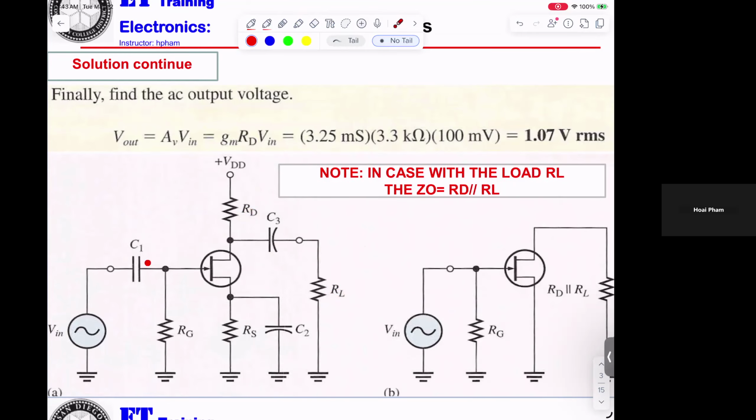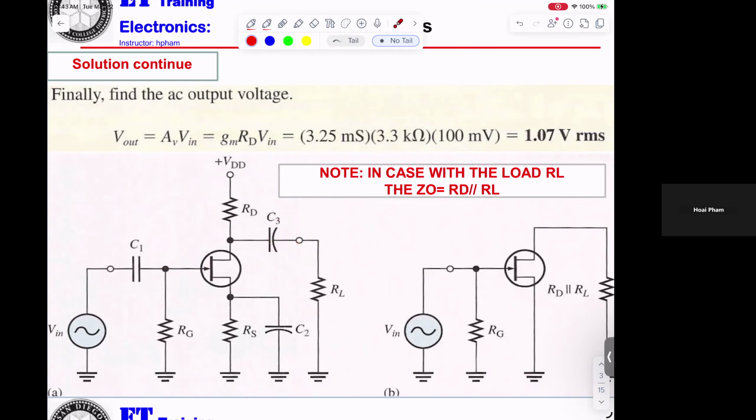And also, you get the C1, C2, C3. And we already know C1 is DC blocking. That means it allows AC to go to the gate, not DC. C2, okay, also the same, DC blocking, AC coupling.